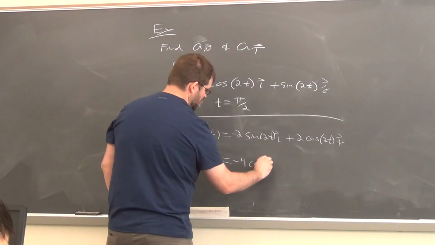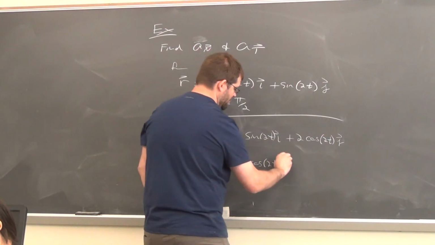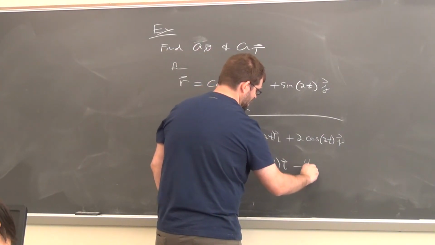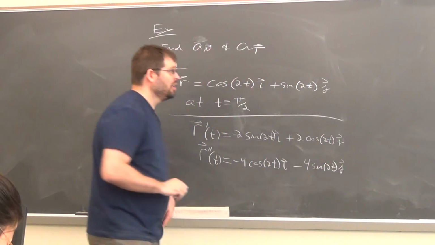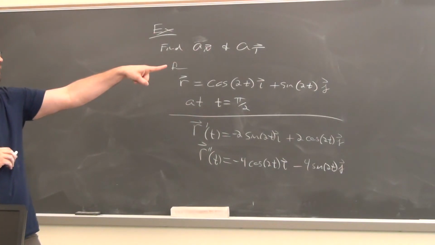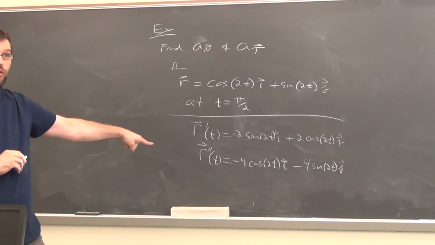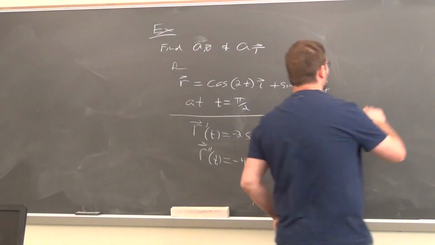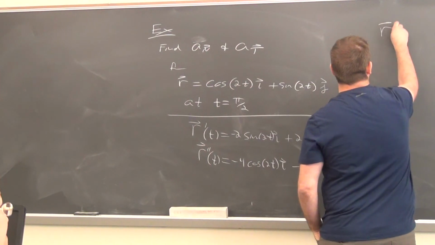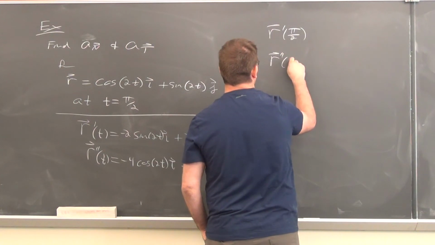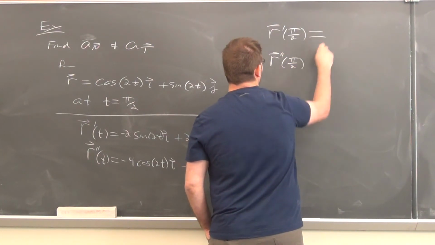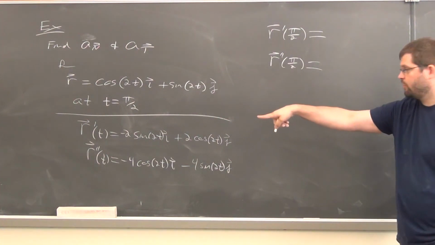second derivative, negative 4 cosine of 2t i minus 4 sine of 2t j. And when we're computing these things, we really only need them at these values, so I'm just going to go ahead and find them at these values. So r prime of pi over 2, r double prime of pi over 2, when I plug these in, what am I getting out for the sine and cosine?